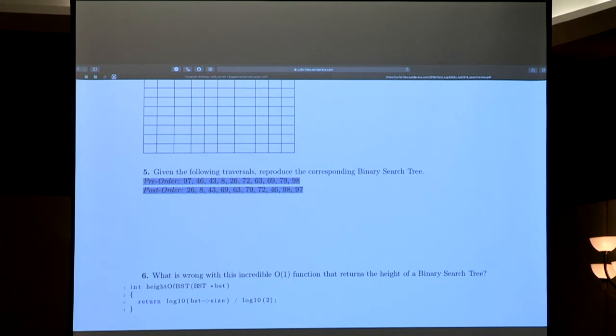You should be able to instantly tell me what the head is right now, what value is at the root. 97? Yeah, 97's the root, because in pre-order, the first thing that'll print is the root, and in post-order, the last thing it'll print is the root.